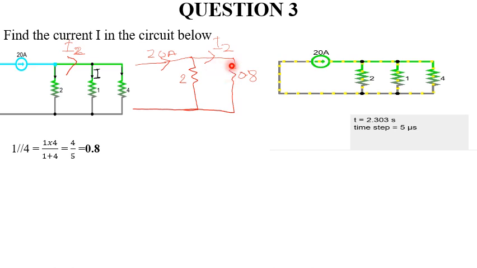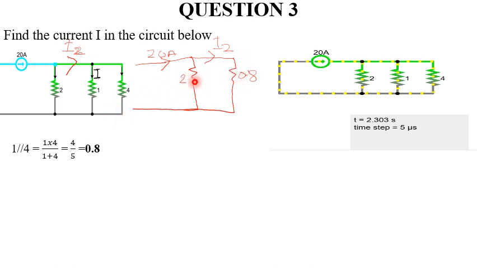So to find I2, we apply the current division rule. I2 is the current passing through the 0.8 ohm resistor. The rule says the opposite resistor over the sum, and the opposite to this one is 2.